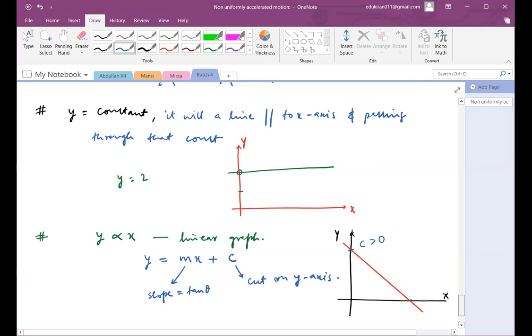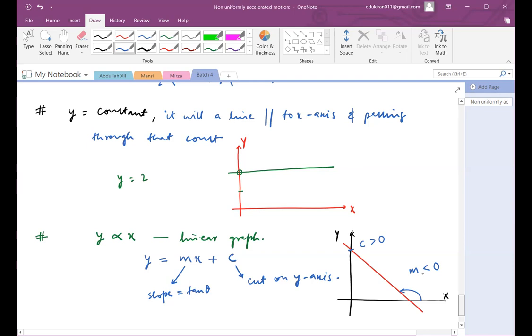The inclination of this line with respect to the positive x-axis is from this point to this point, so it will be some obtuse angle for which tan theta will be negative. So you will say the slope will be negative. Is it clear?